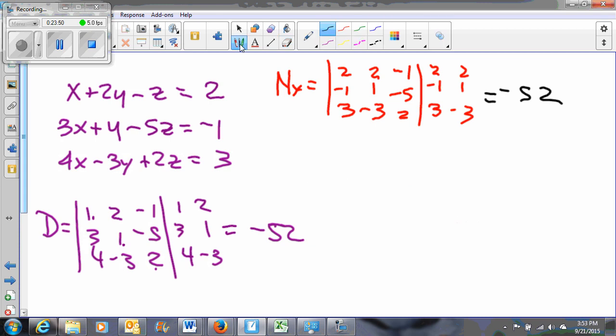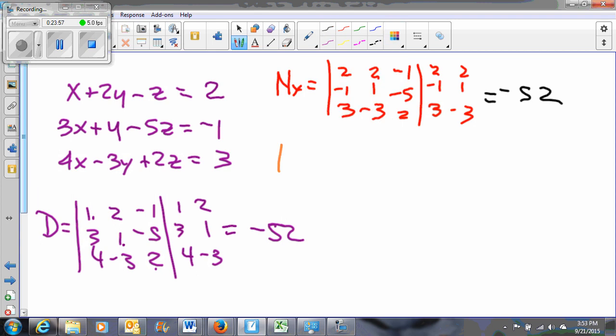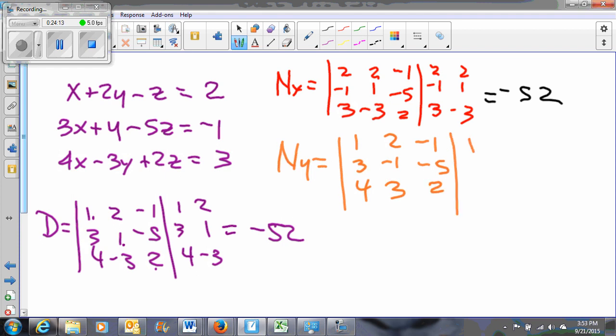All right, let's see if we can get one of these done without my making a mistake. Let's try n sub y. N sub y is going to be 1, 3, 4, 2, negative 1, 3, negative 1, negative 5, 2. We write 1, 3, 4 again, 2, negative 1, 3 again.